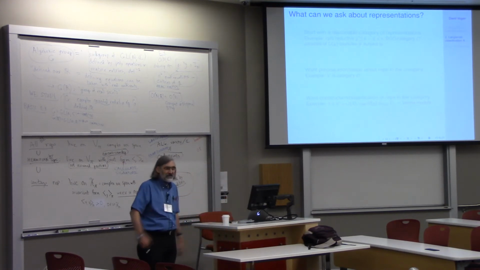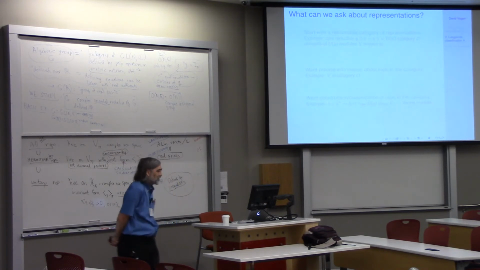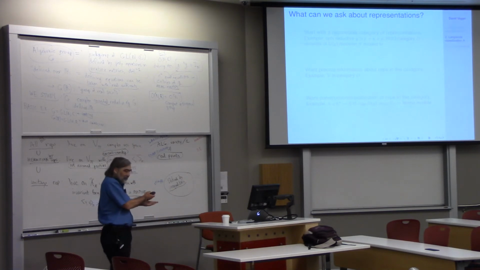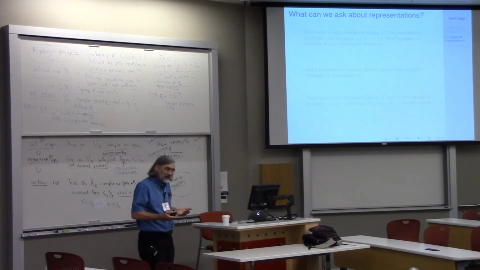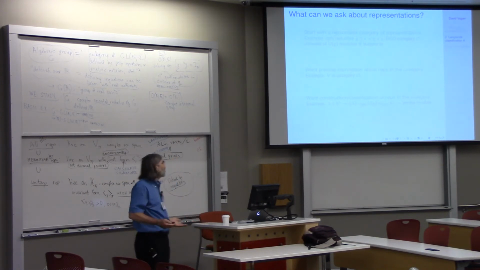The classification of highest weight modules for a reductive Lie algebra is very simple. And I want to talk about that theory and say the Langlands theory is just like that.